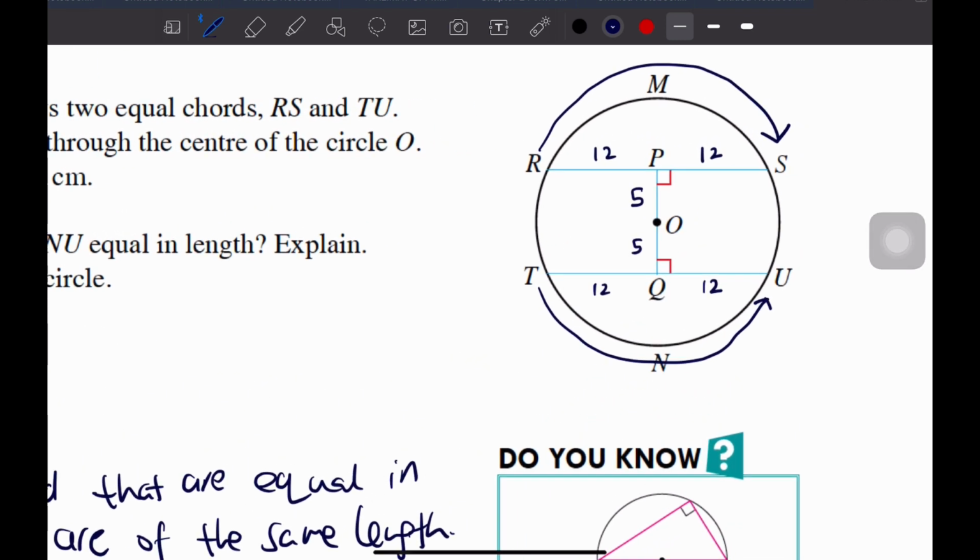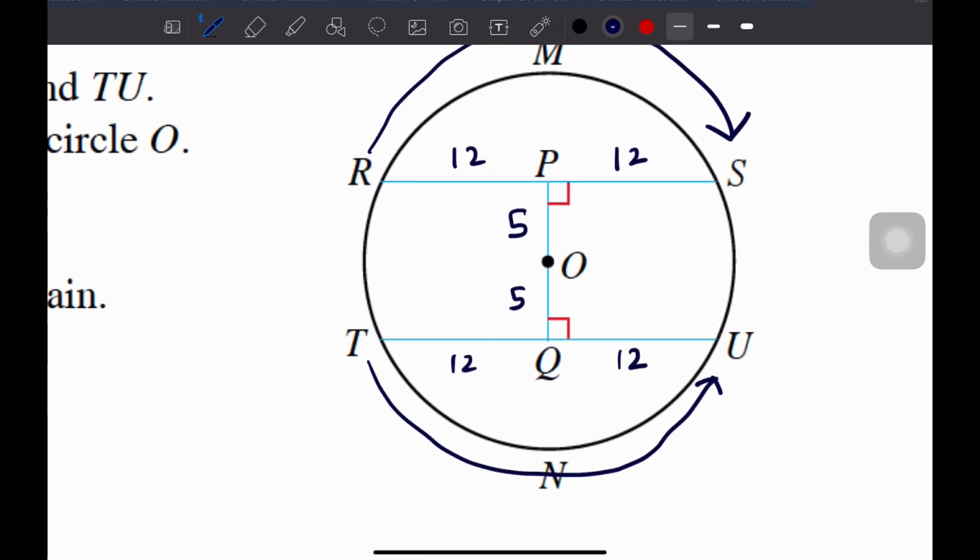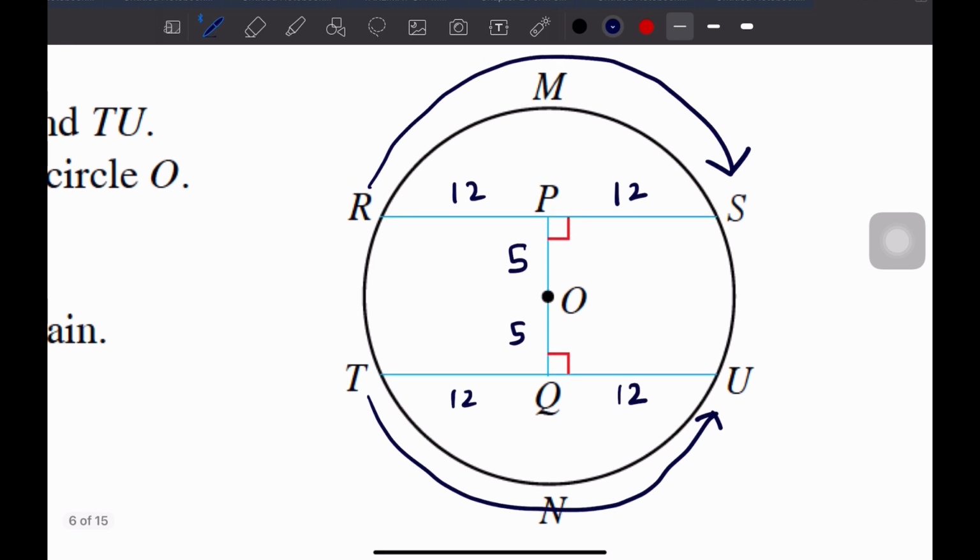So for the radius, I zoom in. We know that a radius is a line from the center to any point on the circumference. For this example, I take from the center to R, like this. Did you look?